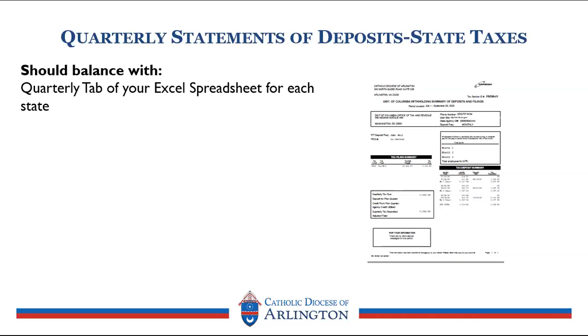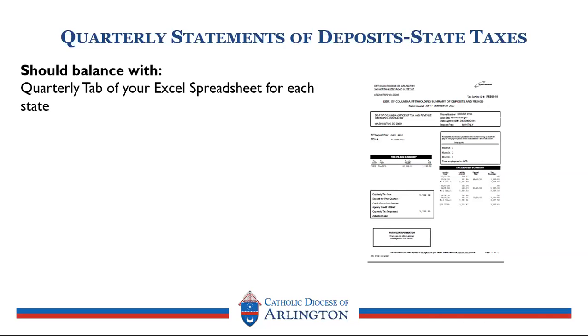Validate your state taxable wages and tax withholdings from the quarterly tab with the Ceridian quarterly statement of deposit and state taxes. Note, Maryland taxable wages will be off from these quarterly tax statement numbers as Ceridian is adding local wages and state wages together.